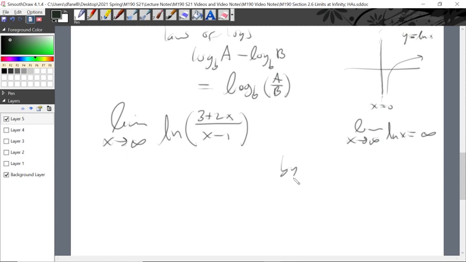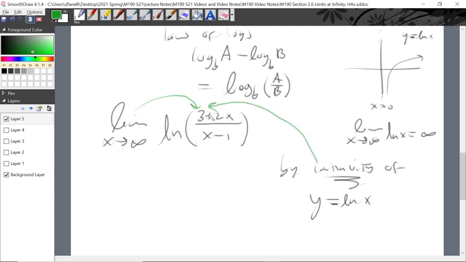Now, by continuity of the function y equals the natural log of x, we can pass the limit into the natural log. It's because the natural log function is continuous as long as the argument is greater than 0.